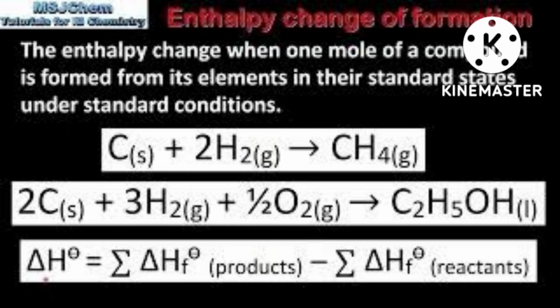If it is forming 2 moles or 3 moles and the value is given for that, then you have to divide by that coefficient. Suppose the value is given for 3 moles, then you have to divide by 3. If the value is given for 2 moles, then you have to divide by 2. Always state the heat of formation for 1 mole only.